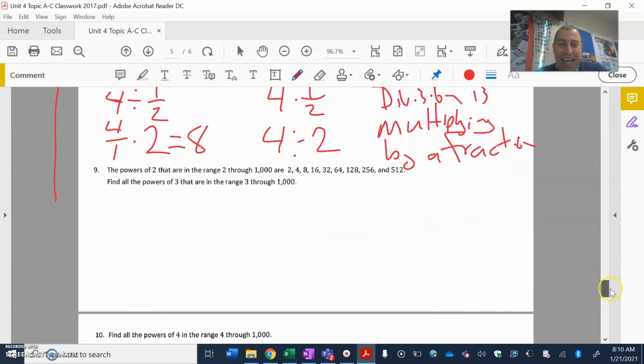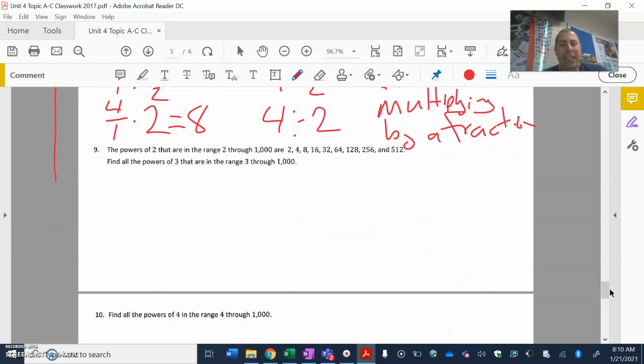All right, let's look at question number 9 here. Number 9, they're asking to find the powers of 2. Powers, those are your exponents. They're in the range from 2 through 1,000, and they're telling you what they are.